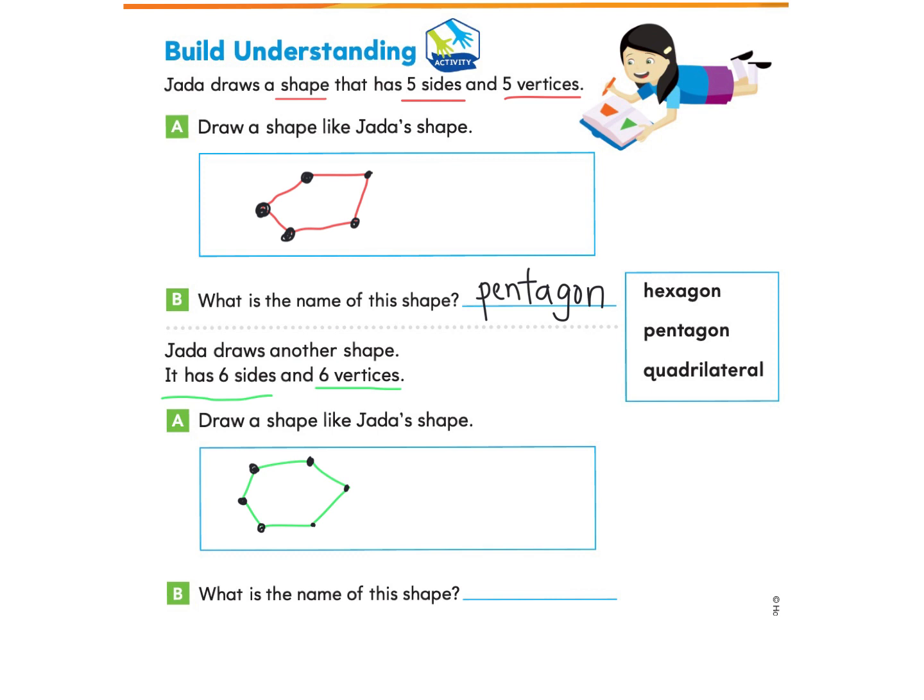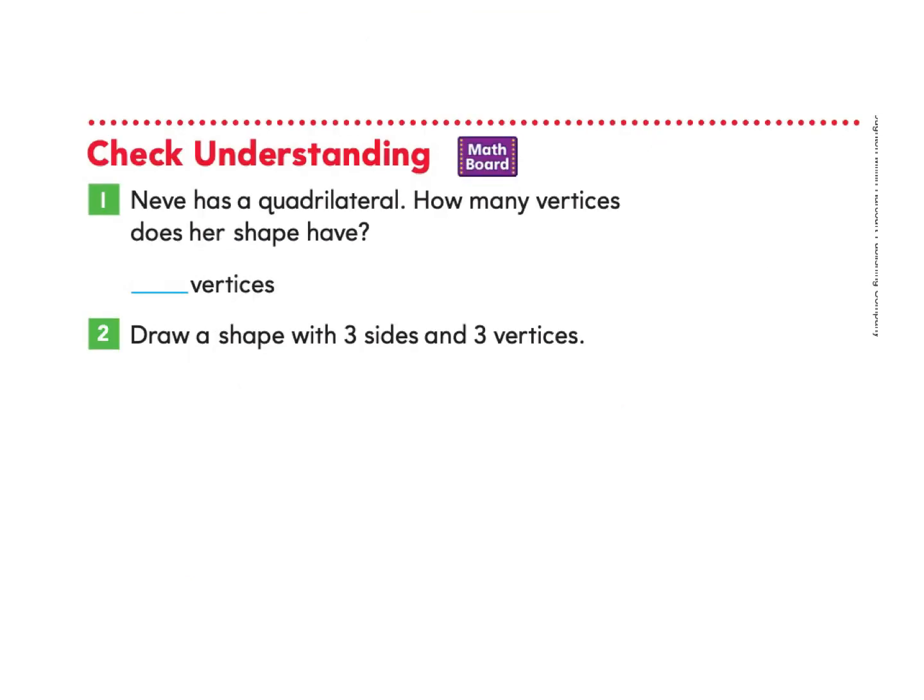Great. Now, what is the name of this shape? I have some options here. Quadrilateral, pentagon, or hexagon. I remember that a hexagon has 6 sides, so I'm going to write in the word hexagon here. Great job. Now we're ready for check understanding.